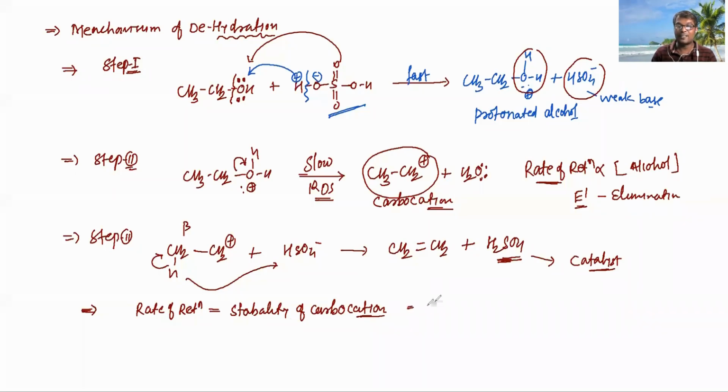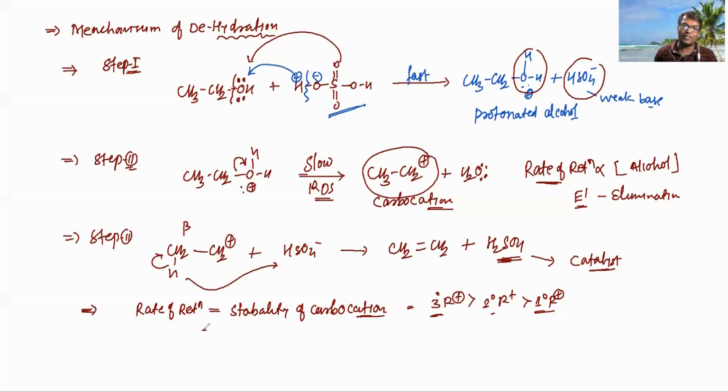We know that tertiary carbocations are more stable than secondary, than primary carbocations. That's why the order of dehydration is faster in tertiary alcohol than secondary than primary. This is the information from the mechanism.